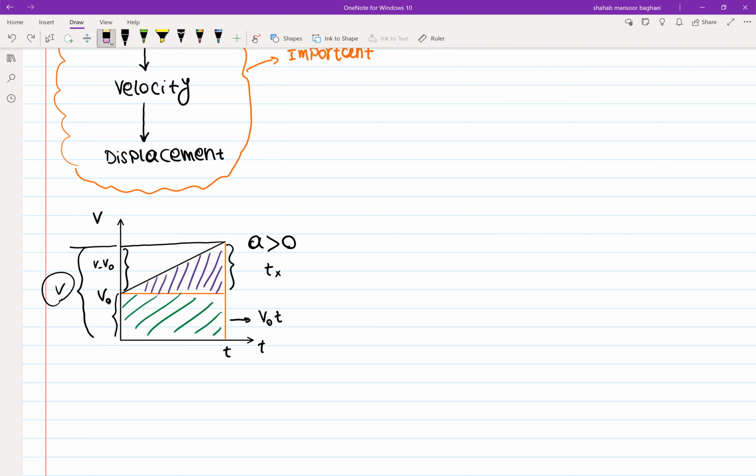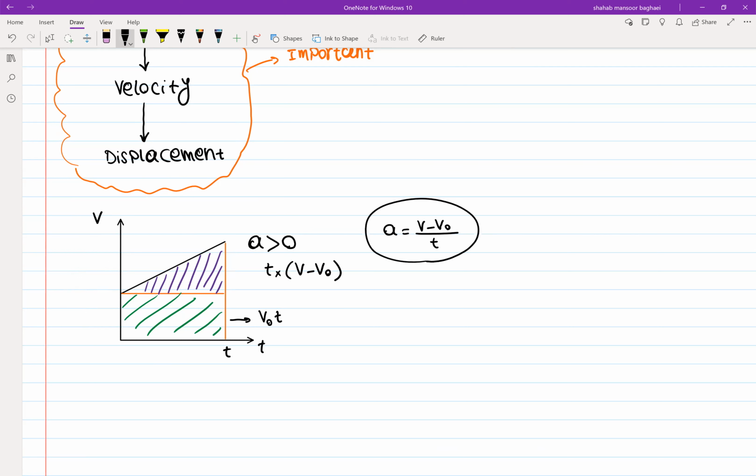Consequently, it is V minus V0. And you know V minus V0 according to, look at this one, please: A equal to V minus V0 over T. This is the definition of acceleration.